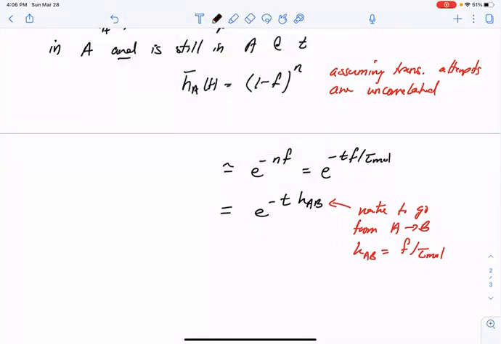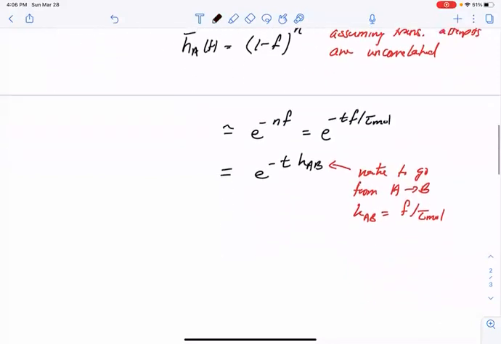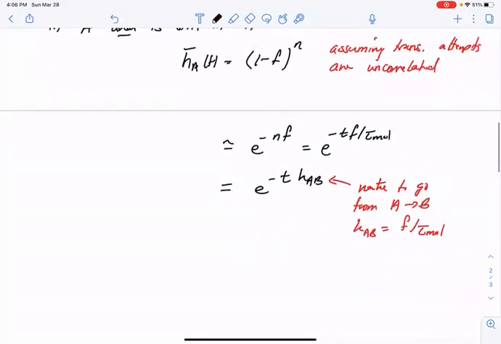Indeed, the connection to first order kinetics can be made explicit by taking the time derivative of H A bar.